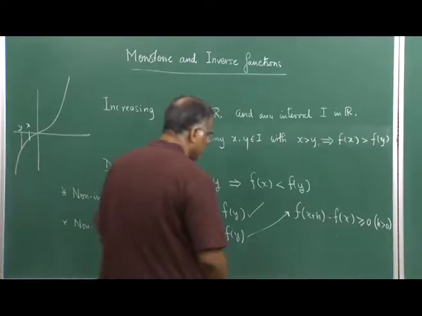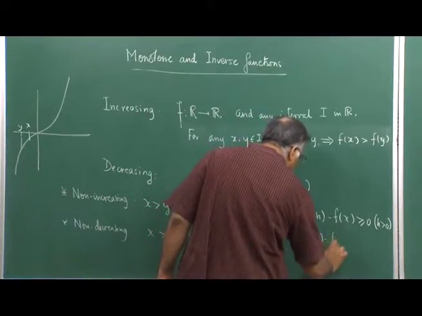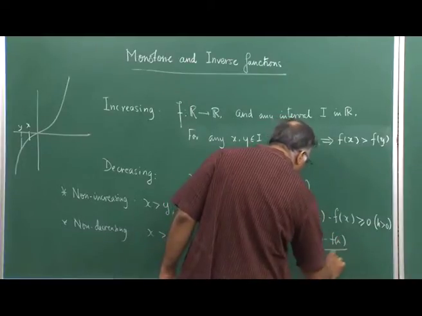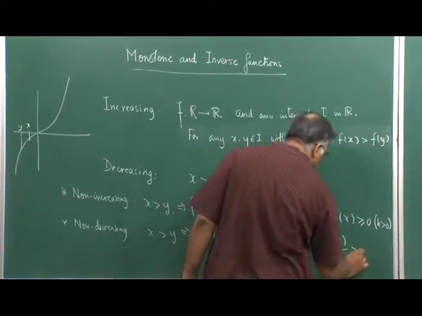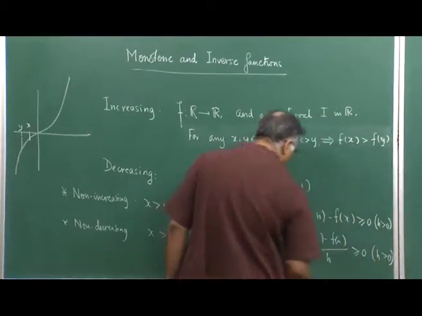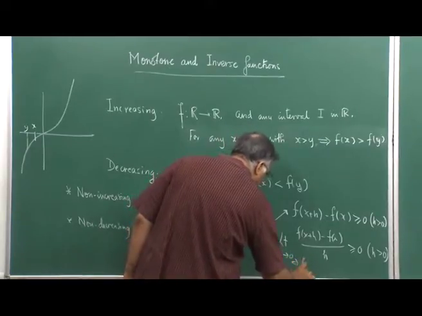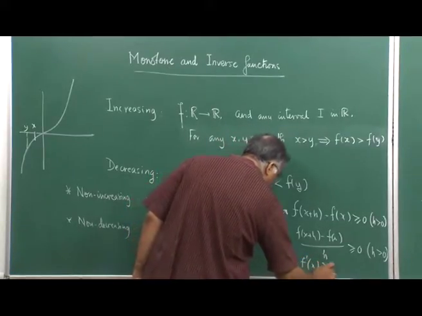Then because h is positive, you simply divide by h. Then you take the limit as h tends to 0, that will simply tell you that f dash x is greater than or equal to 0.